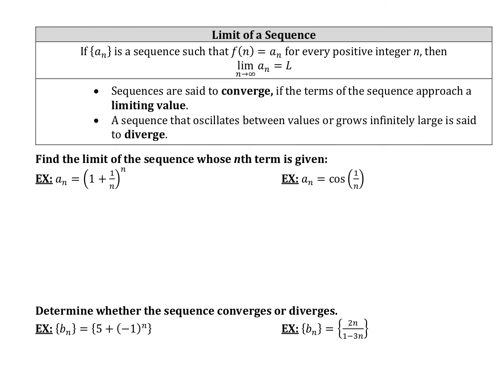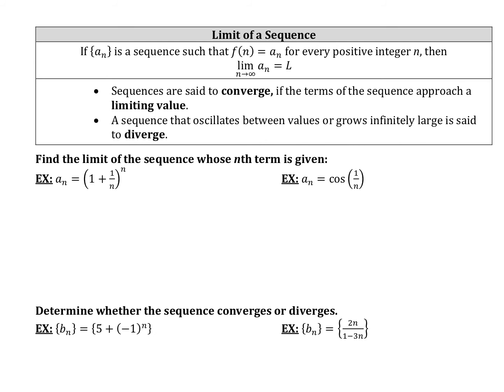Okay, so we can define a sequence such that the function f of n equals the sequence, meaning we have an nth term definition. We have defined the formula for this sequence. Then we can say that the limit as n approaches infinity of that sequence is L. If it is in fact L, then we say the sequence converges.